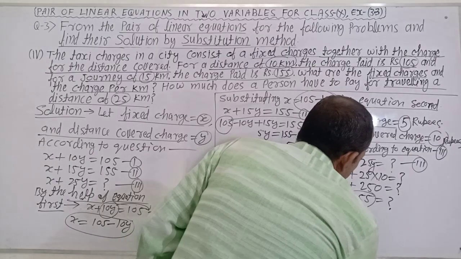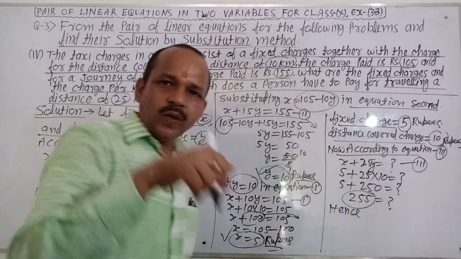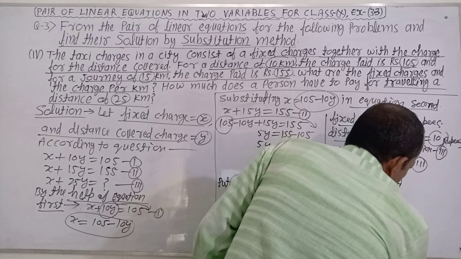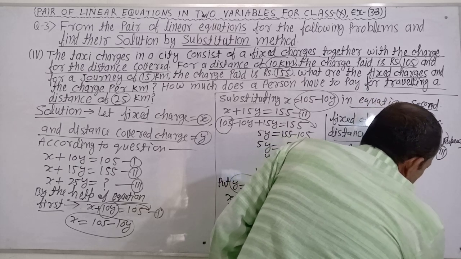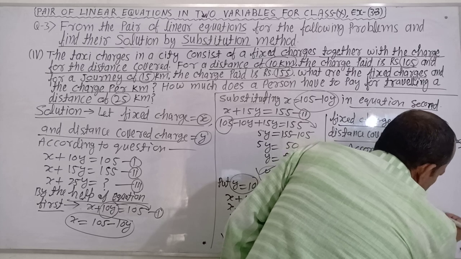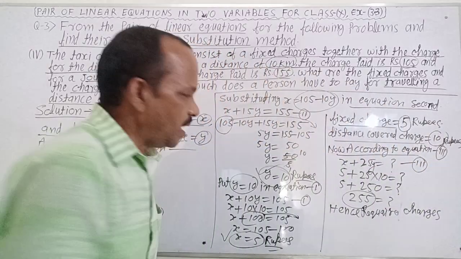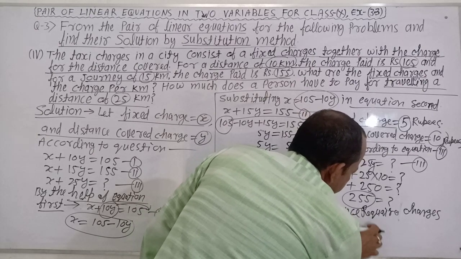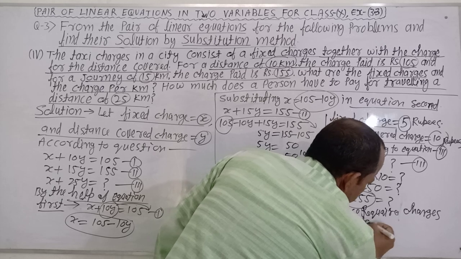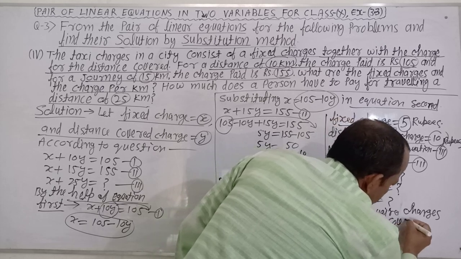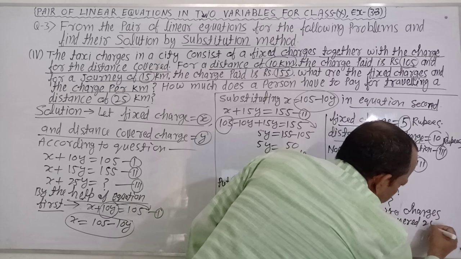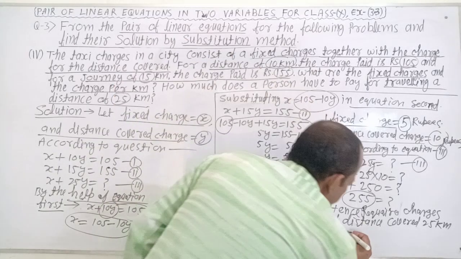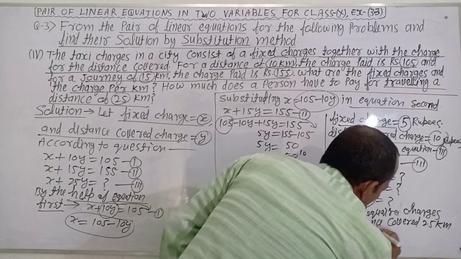Hence, required charges of distance covered 25 km equal to 255 rupees.